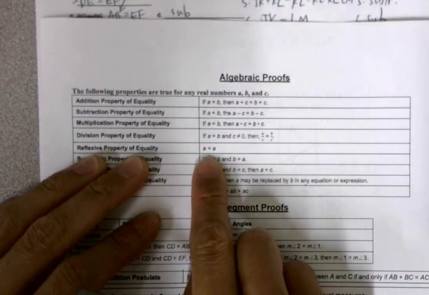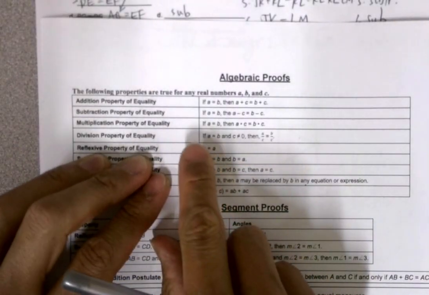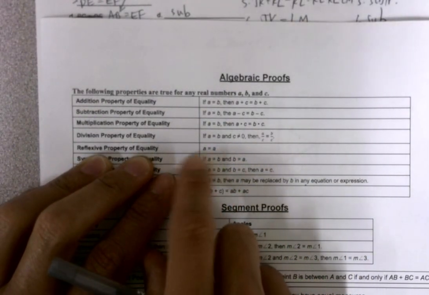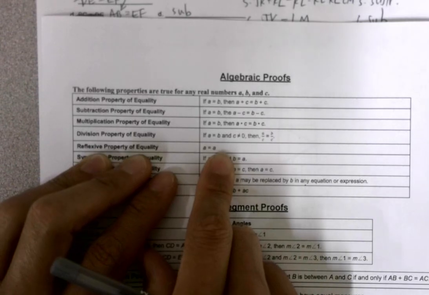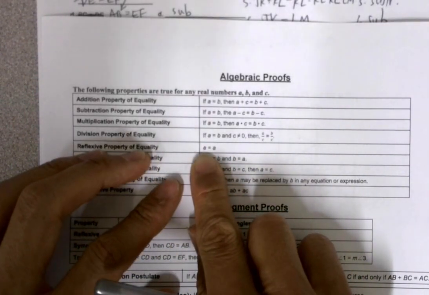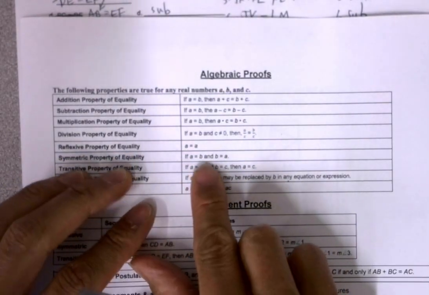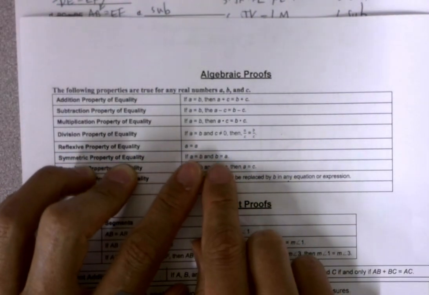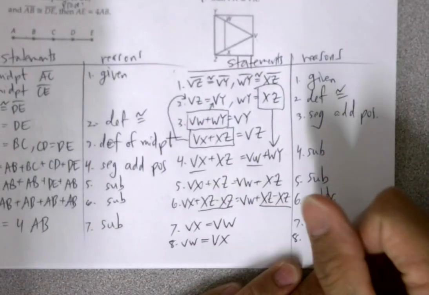A lot of you are going to say reflexive, but reflexive is same equals same: 5 equals 5, 7 equals 7, VX equals VX. Reflexive is useless until we get to proving triangles congruent. We're not going to need it. It's not reflexive. It is symmetric. Symmetric lets us flip the equation. So I come back over here and I flip the equation.